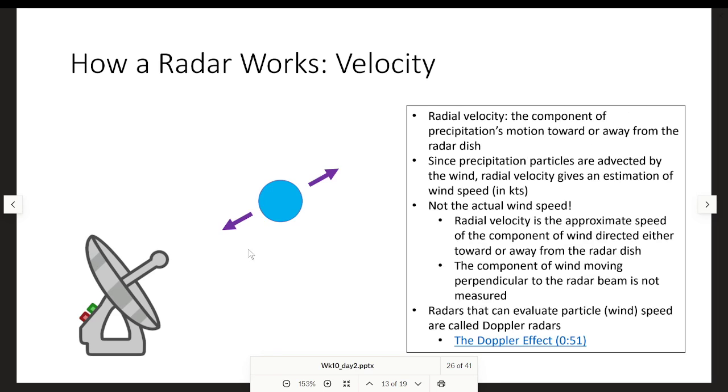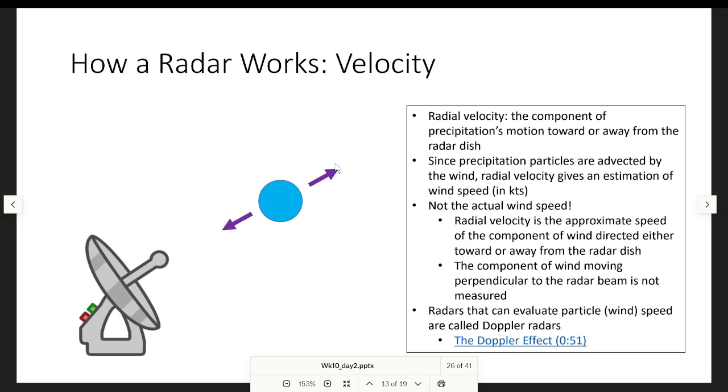So there's radial velocity. You can think of it like a circle. This is not a raindrop right now, it's just a circle. The radial velocity is the velocity moving to or from the center of the circle. It's not moving this way, it's moving to and from the center, in straight lines coming out of the circle.